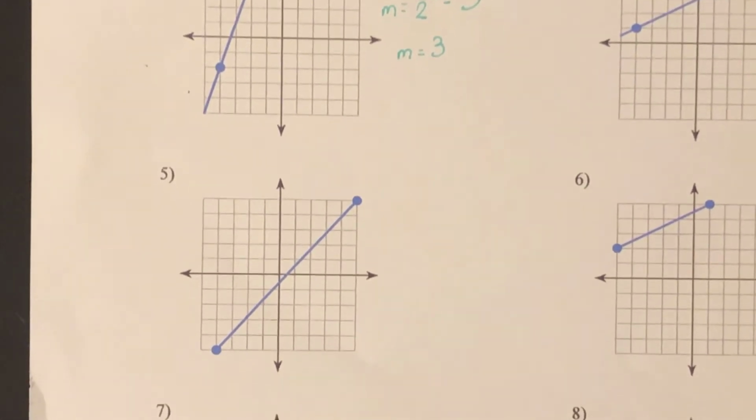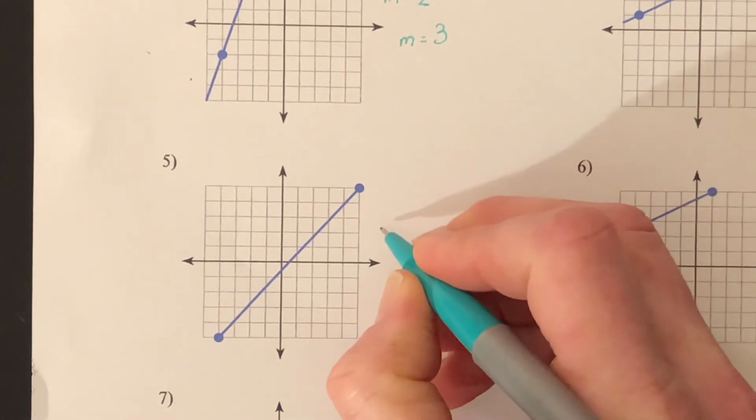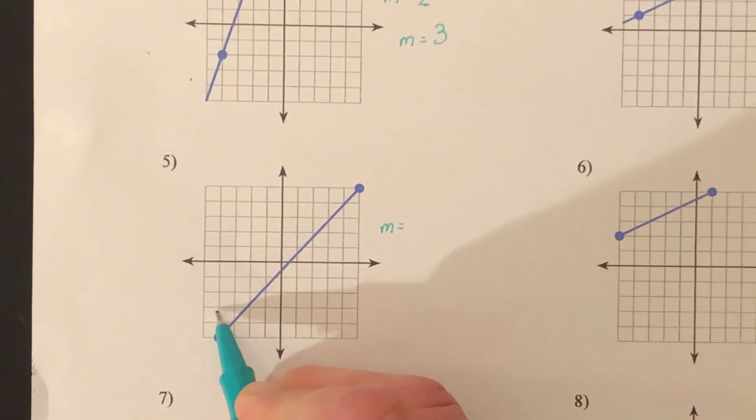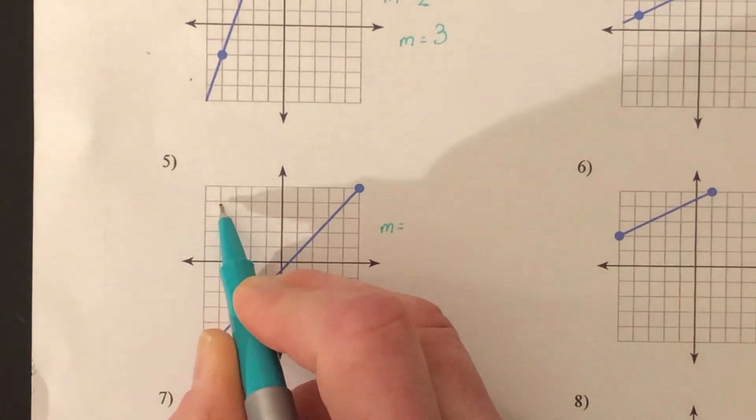Now let's look down at number 5. Wow, the 2 points they chose sure are far apart. I'm sure I could find closer points, but I'll just go ahead and use the ones that they chose. 1, 2, 3, 4, 5, 6, 7, 8, 9, 10.